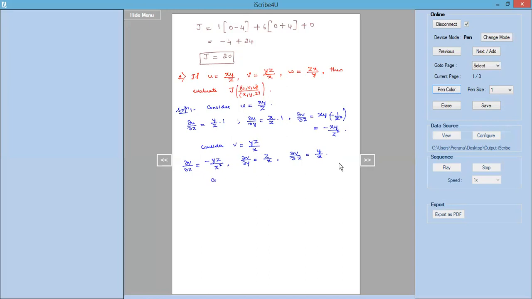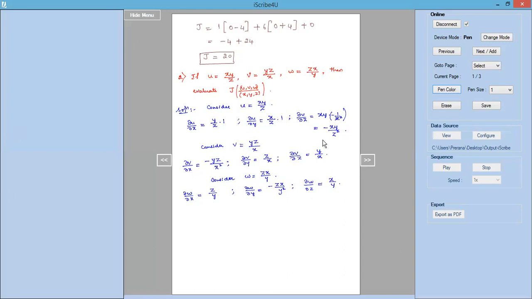Now we consider w, which is zx divided by y. So we find the partial derivatives: dou w by dou x is z by y, dou w by dou y is minus zx divided by y square, and the third one, dou w by dou z is equal to x by y.